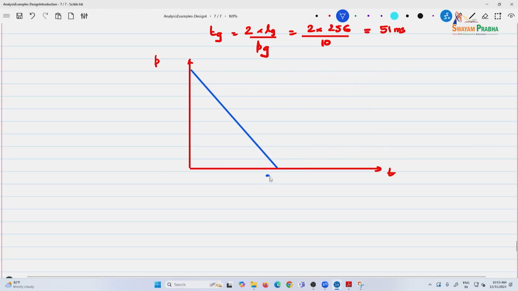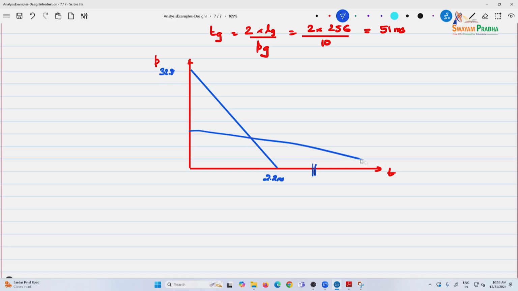So the duration is very low. So let's do a cut out here, and then this is 32.8 and this is 10, and this value here is 51 milliseconds. So that's your gas pressure diagrams.